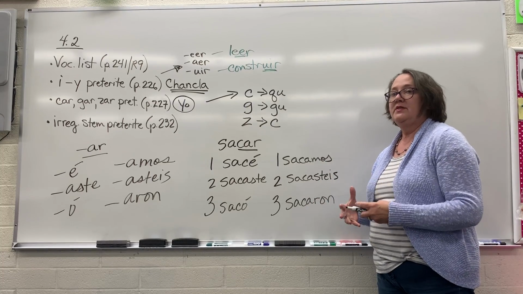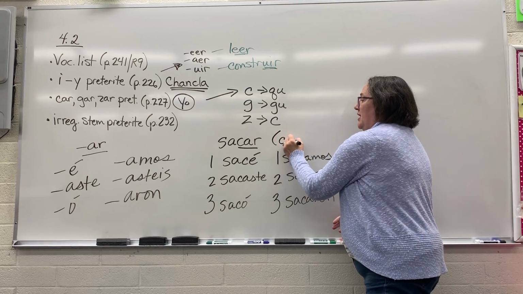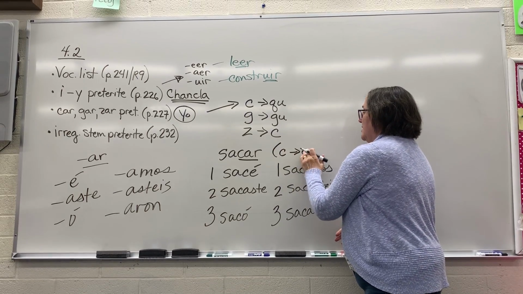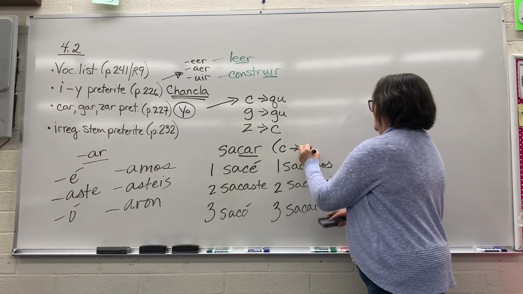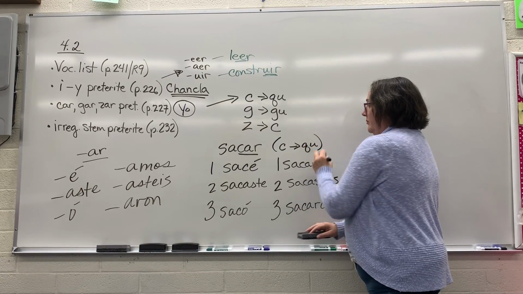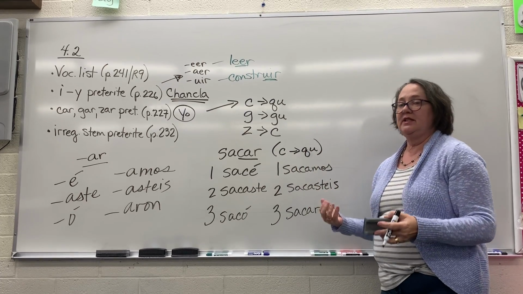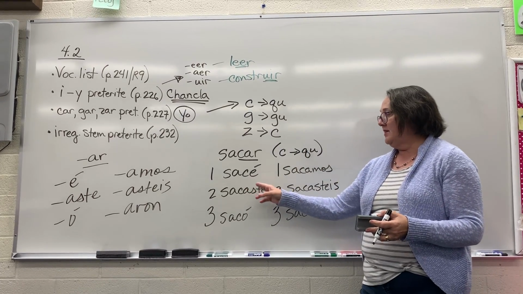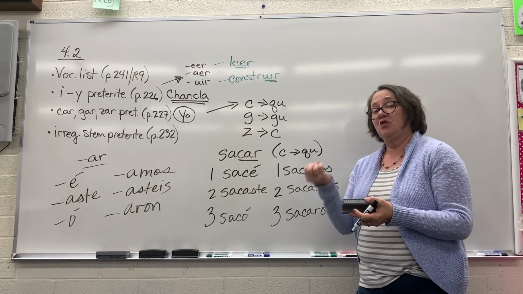So Spanish loves to be consistent. And so on this one, they're going to change that C to a QU to make it sound like the rest. Now, the reason it's changing is you have some consonants, when they're followed by some vowels, they make a strong sound.